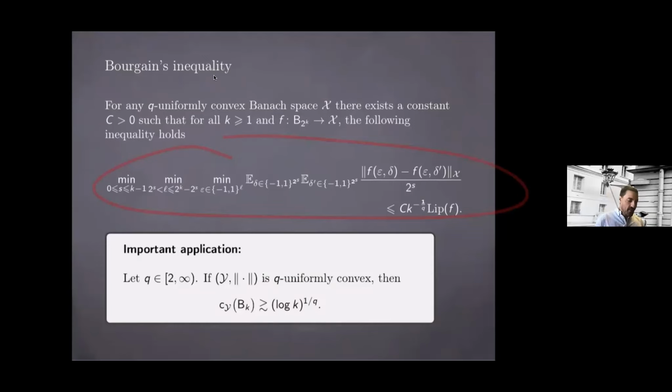And Bourgain exploited the natural connection between binary trees and the Walsh-Paley dyadic martingales. Now, of course, this inequality only uses distances between pairs of points, so this makes sense in a purely metric space. And you would get the same distortion if this inequality is satisfied in an arbitrary metric space.